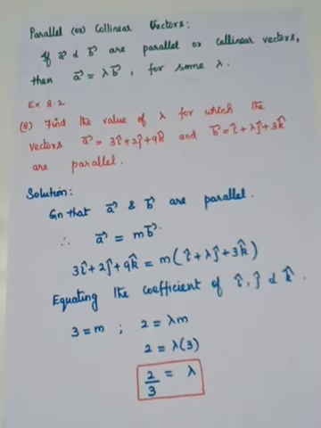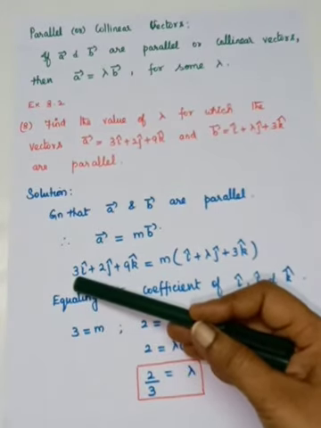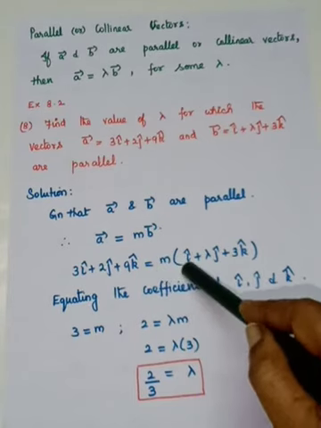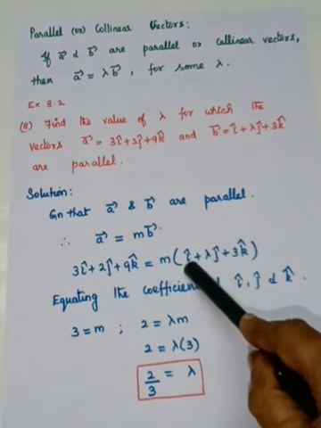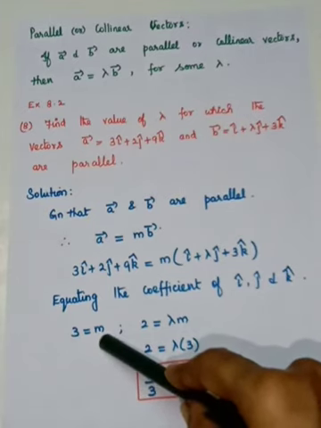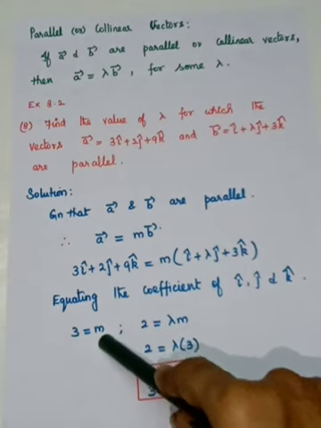Now equating the coefficients of i cap, j cap and k cap. Here the i cap coefficient on the left side is 3. Come to the right side, m into i cap, so m i cap. So the coefficient is m. So 3 is equal to m. What is asked? Find the value of lambda, not m. So we equate the coefficient of j cap.